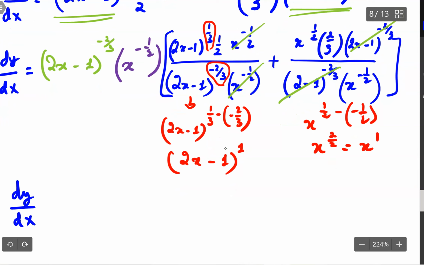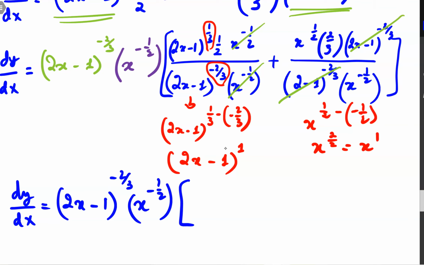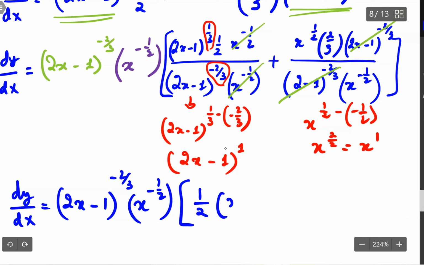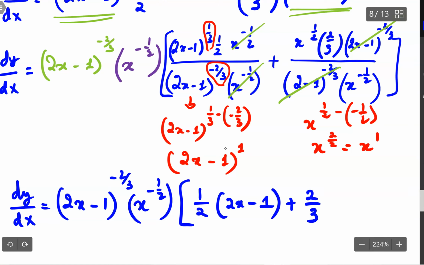So let's write what we have inside the bracket. dy over dx equals 2x minus 1 to the negative 2/3 times x to the negative 1/2. Inside the bracket, I am left with 1/2 times 2x minus 1, and then I should have 2/3 times x, right?